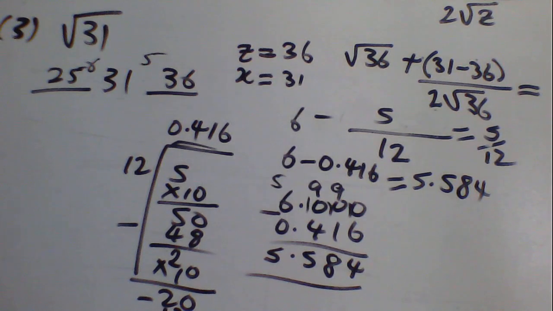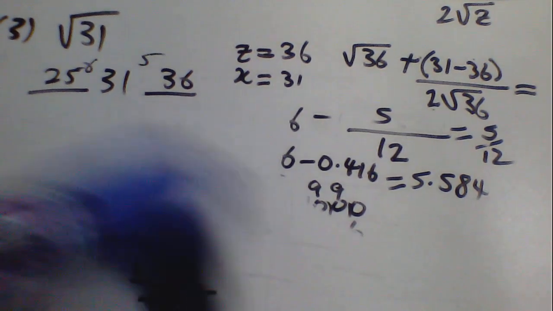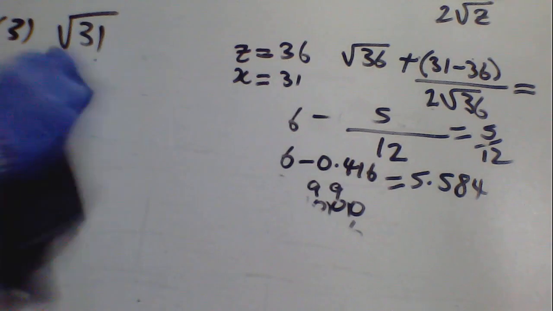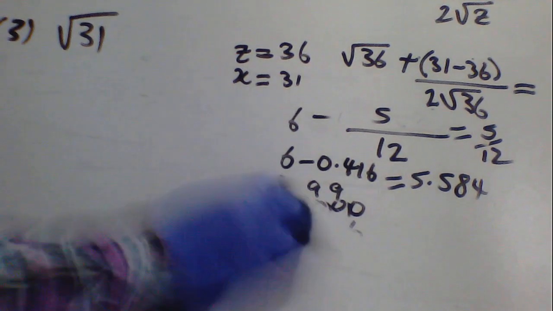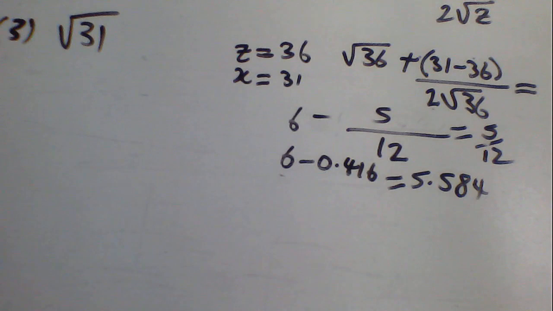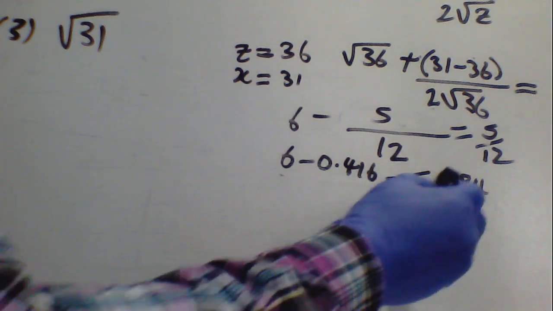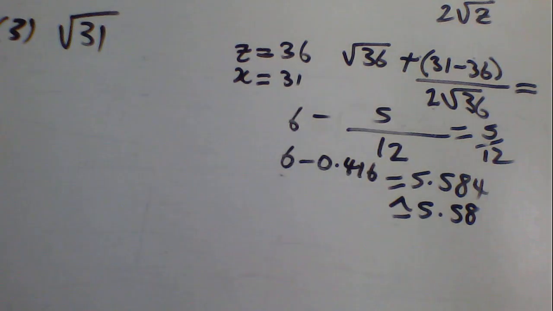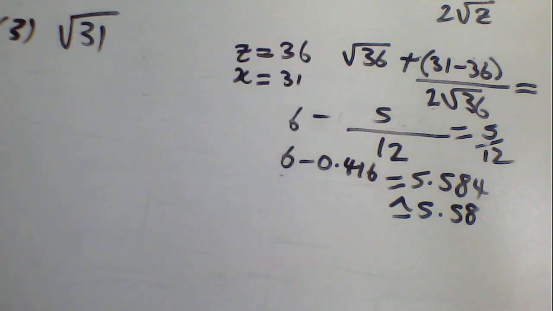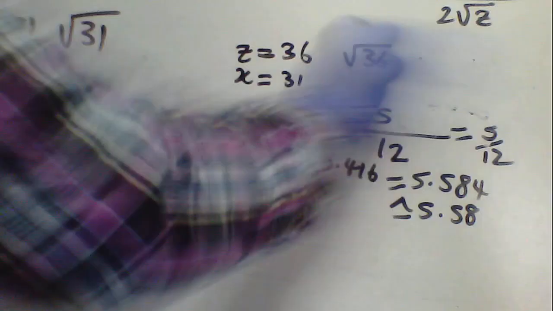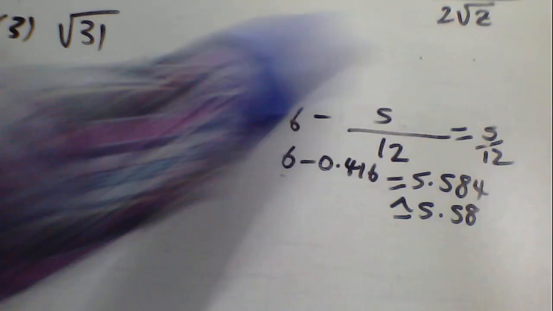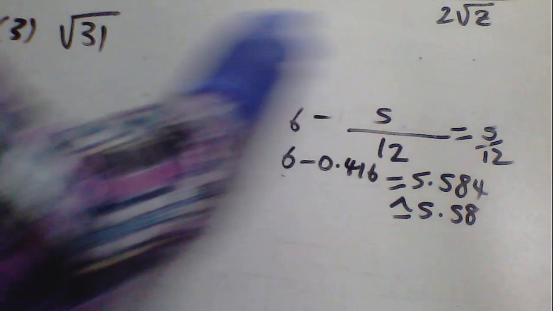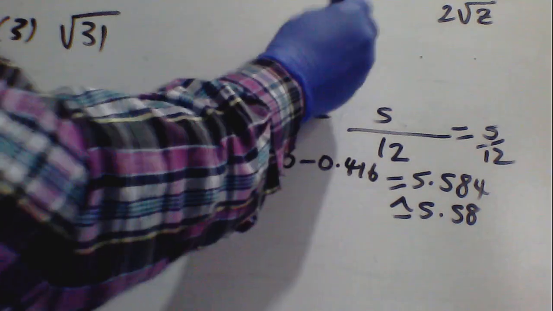Then let's clean the board. Having gotten 5.584, we will choose our answer approximately, because we are approximating to 2 decimal places, to be 5.58. So after performing all our operations, we have this result to be approximately equal to 5.58.